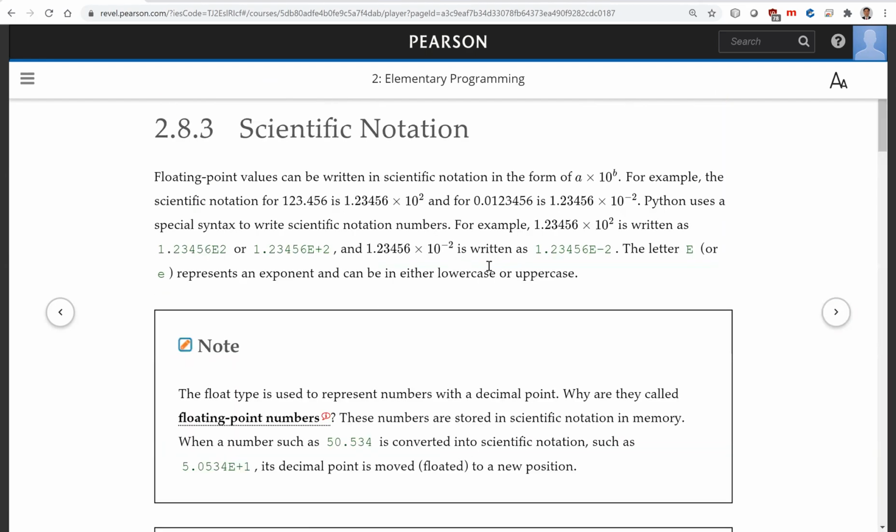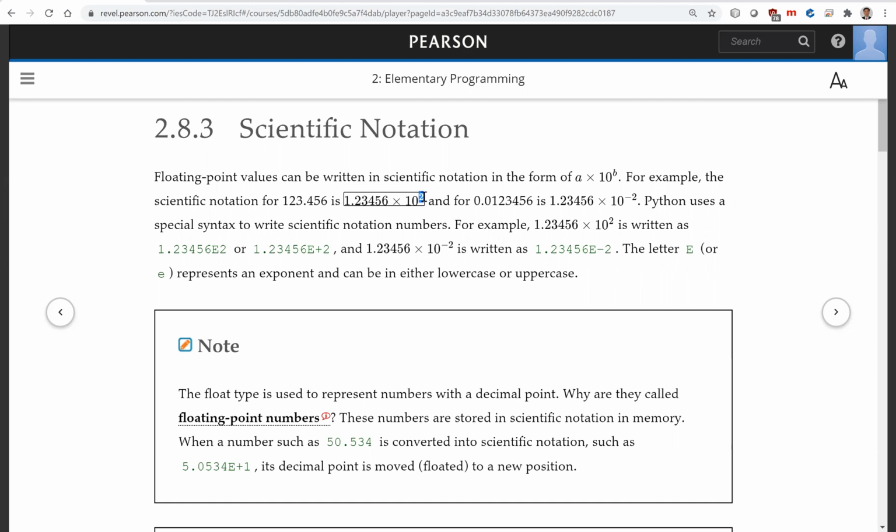You can also represent floating point numbers using scientific notation, in the form a times 10 to the b. For example, 123.456 is 1.23456 times 10 to the 2. See, the point floats to the left 2 positions.